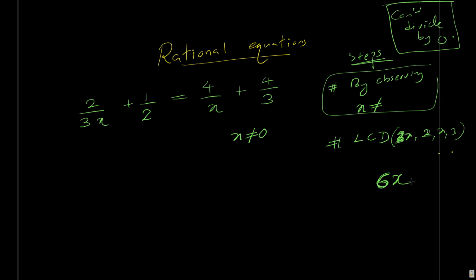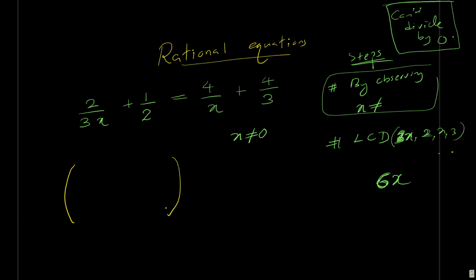So that's how you find the least common denominator. Think about this: the least number that you can divide by each of these terms, 3x, 2x and 3. Or in other words, the least number that is a multiple of each of these. So it's 6x.